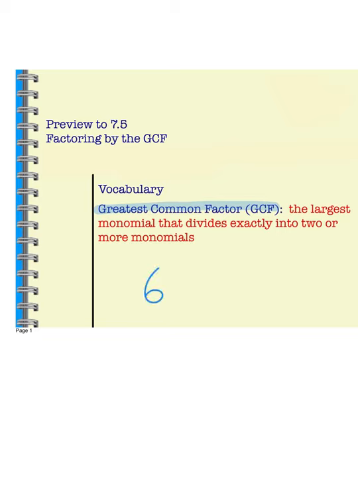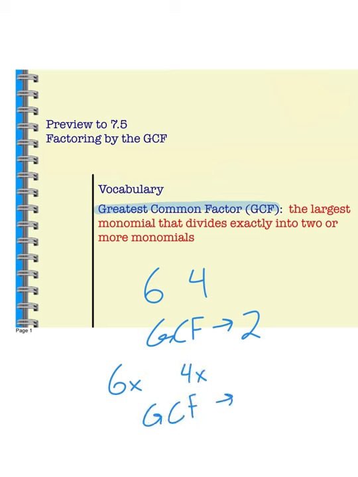So if I say 6 and 4, the GCF is 2. Well, now if I had 6x and 4x, the GCF would be 2x, because both 6x and 4x have an x as well. So 2x would be the greatest common factor, the largest monomial that can divide into both of those terms.